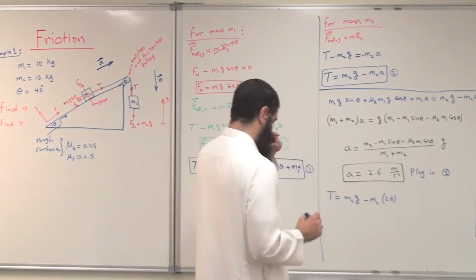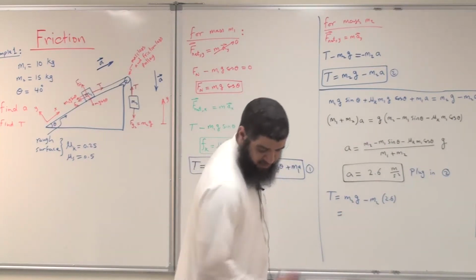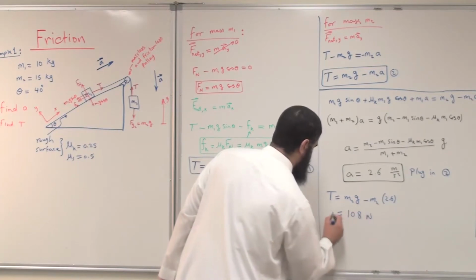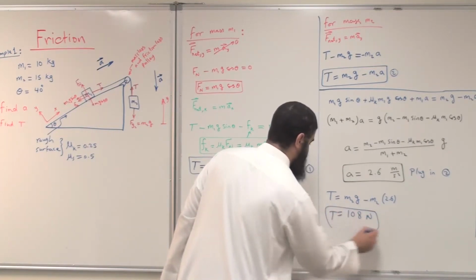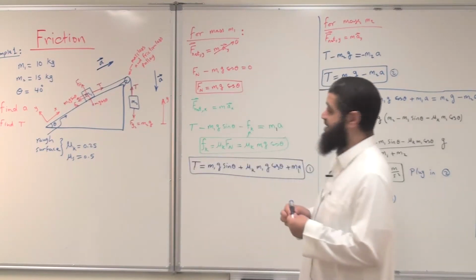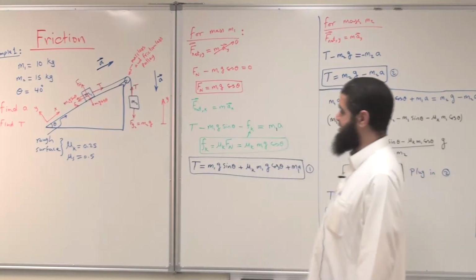I put in its value, and we'll find that this tension is equal to 108 newtons. And this will be the same tension for both portions of the string. Either here or there, it will be the same.